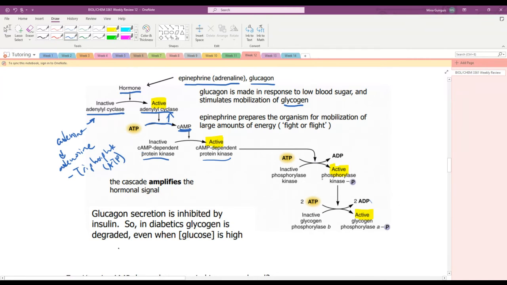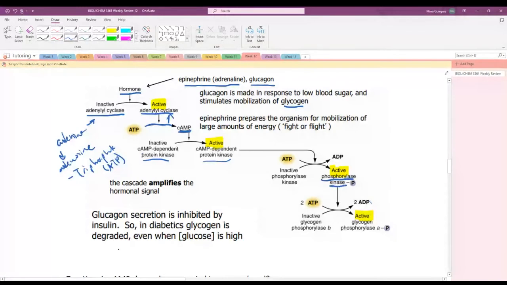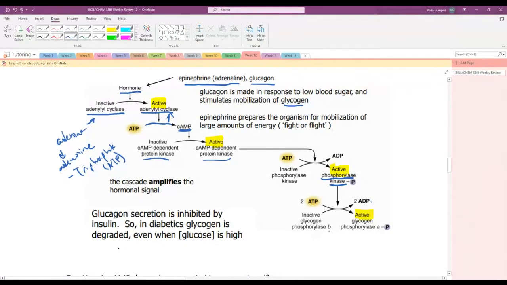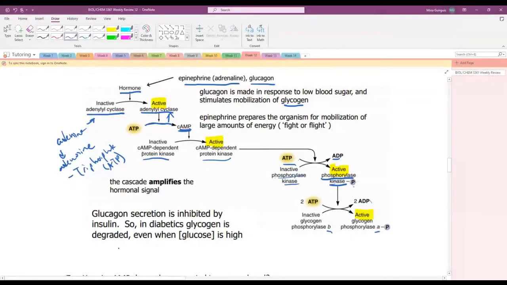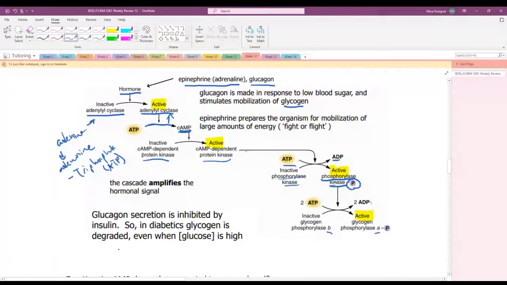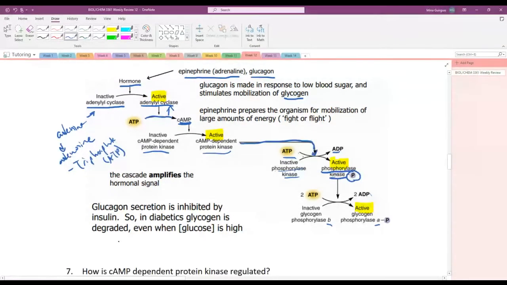So in other words, phosphorylase kinase is the enzyme that I told you triggers the conversion of phosphorylase B to phosphorylase A. Well, that's also regulated by phosphorylation. So as you guys can see here, ATP to ADP, phosphorylase kinase to phosphorylase kinase with a phosphate group. That's the reaction catalyzed by the cAMP-dependent protein kinase.